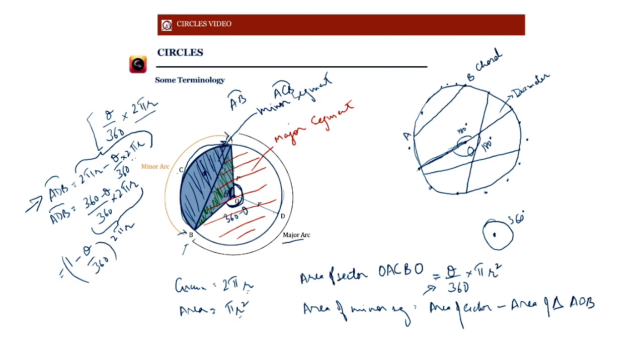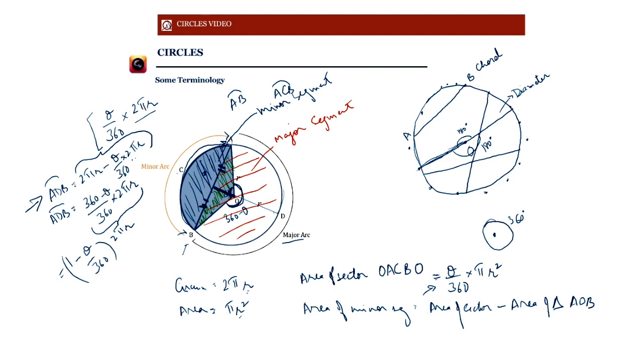How do we find the area of this triangle? Well, we'll be given enough information for that. One thing that we should keep in mind is that if we drop a perpendicular from the center O onto the chord, then it splits the chord into two equal parts.